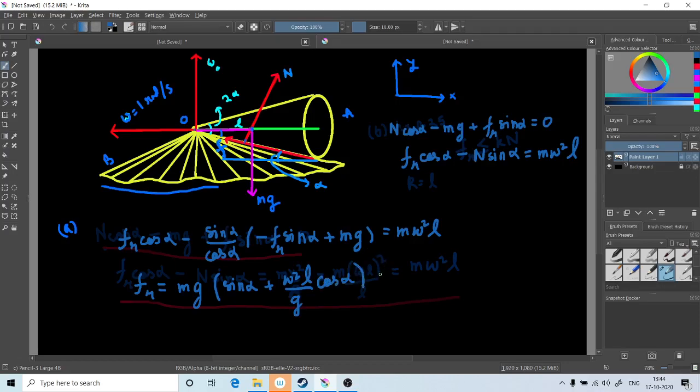On substituting the values given in the question, we get static friction equals 6 Newton. So part A is done.